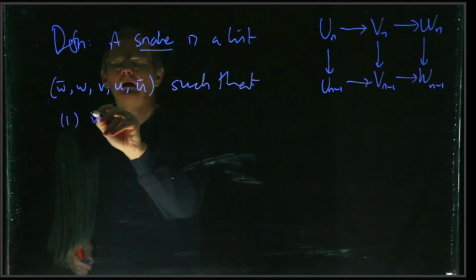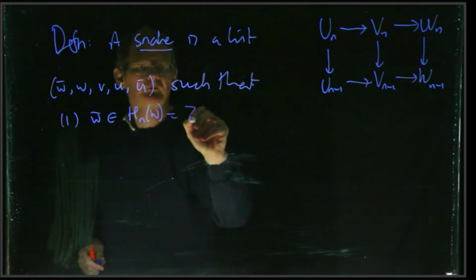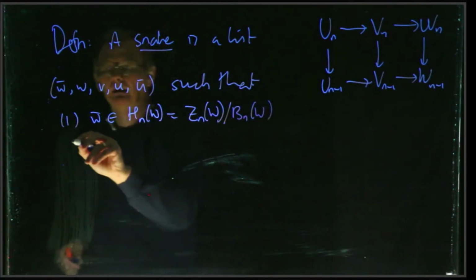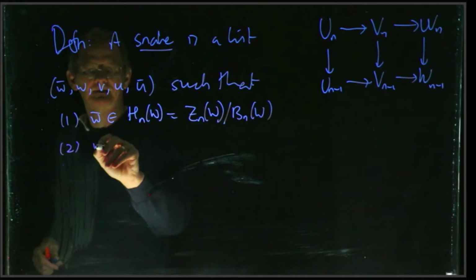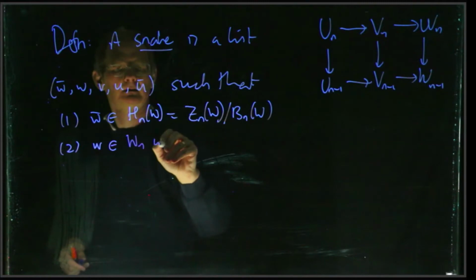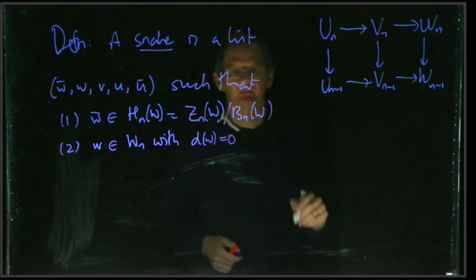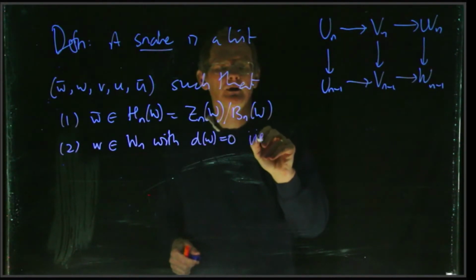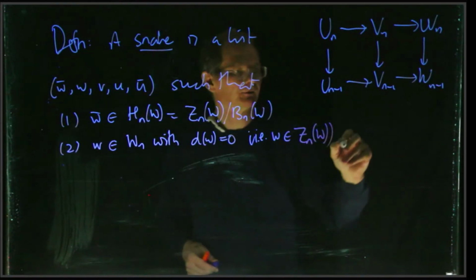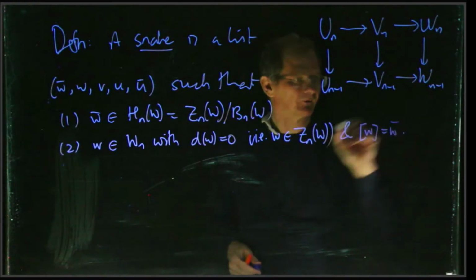Firstly, W bar is an element of H_n W, which remember is the same as Z_n W mod B_n W. And then secondly, W is in W_n with dW equals 0, or in other words, W is in Z_n W, and the corresponding homology class is W bar.